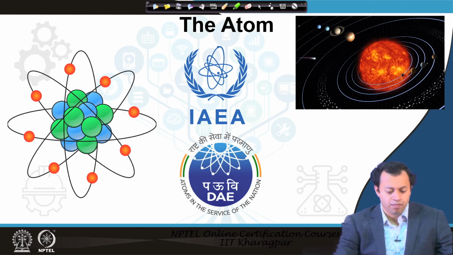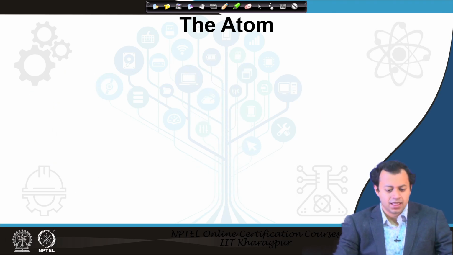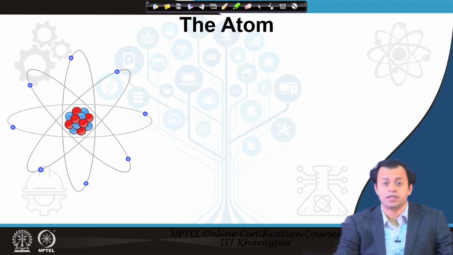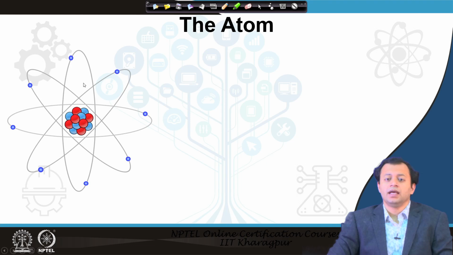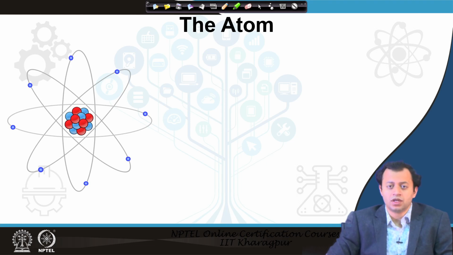Well, there is a small problem, and that is it is completely wrong. It is completely, totally, absolutely wrong. Atoms are not like this. The electrons around the nucleus do not move in a fixed path, they move in orbitals.